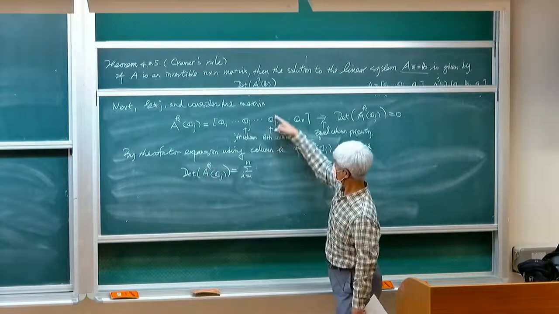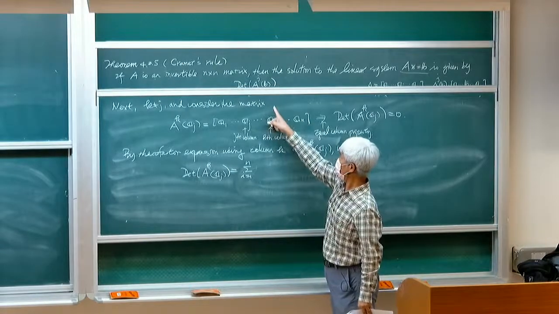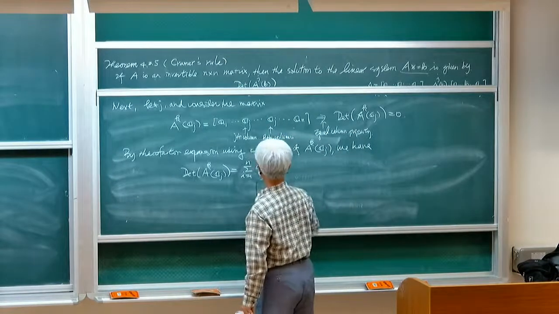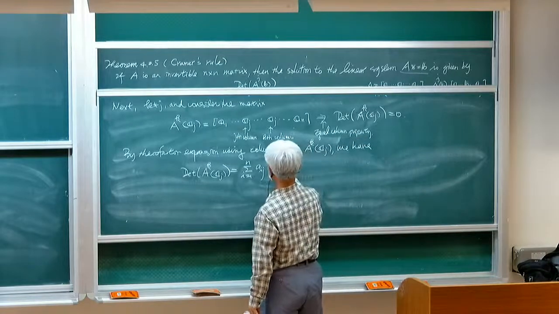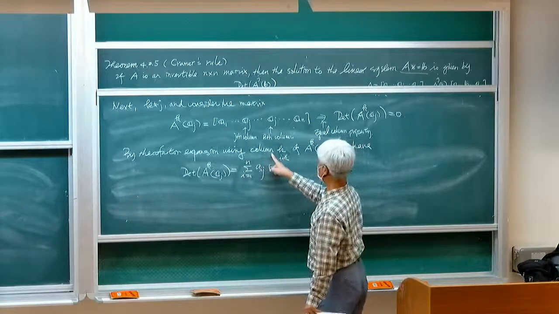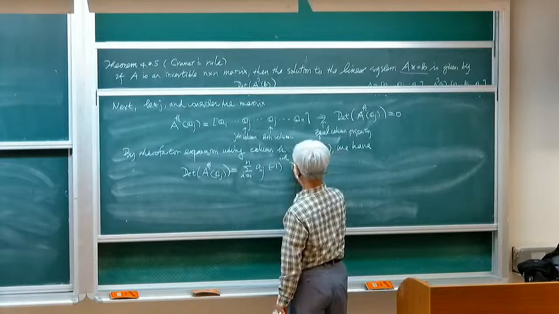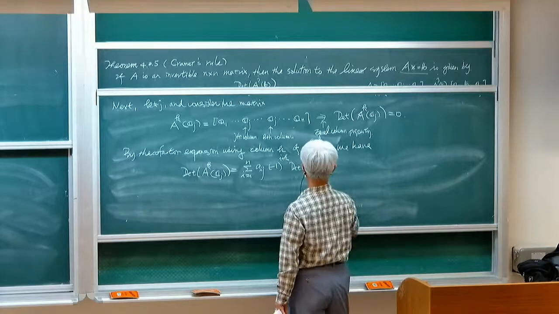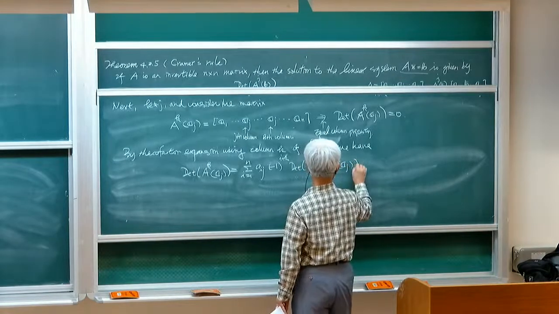Now the kth column has entries a_1j, a_2j, up to a_nj, so it's a_ij times (-1)^(i+k), because we expand using column k, times the determinant of M_ik of A_kj.